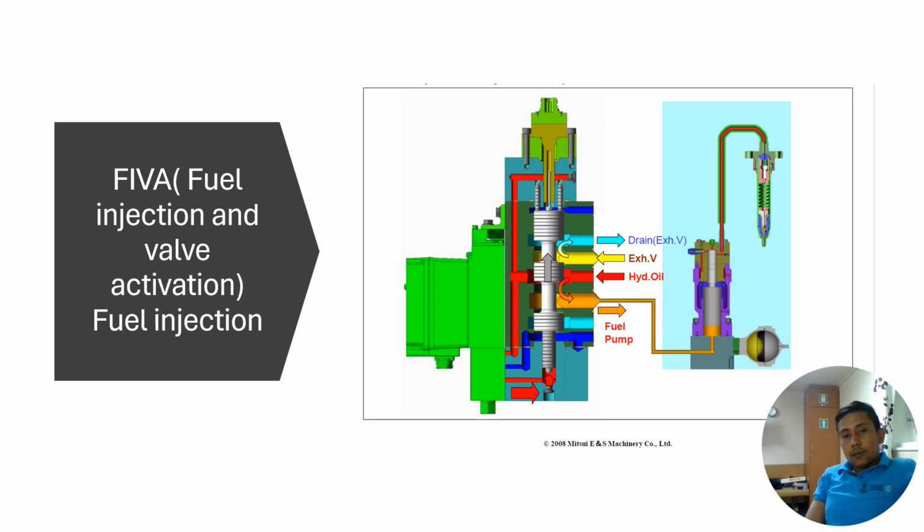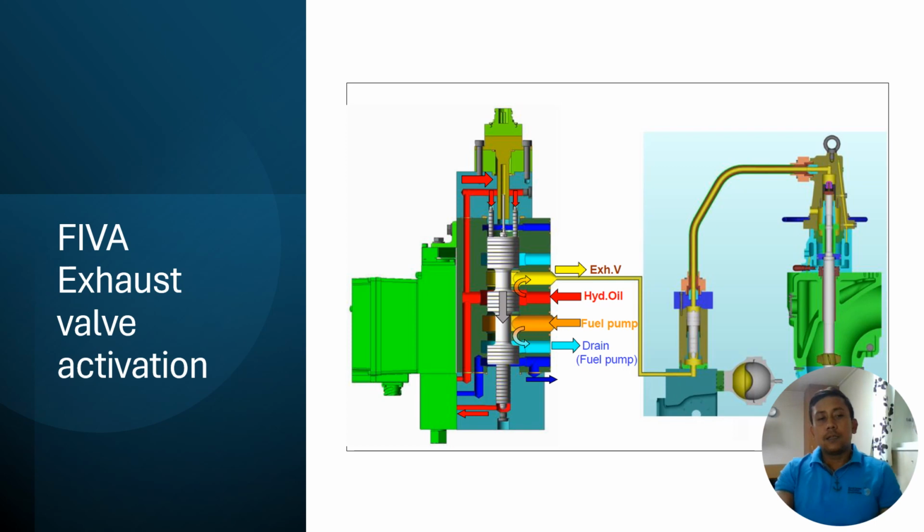By directing the hydraulic oil, it's actually controlling the start and end of the injection, and the activation and deactivation of the exhaust valve. You can see the exhaust valve activation of the FIVA here, the same as the activation of fuel injection. Thus the FIVA moves the spool, which directs the hydraulic oil to activate and deactivate the exhaust valve.